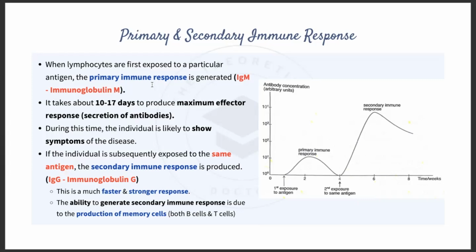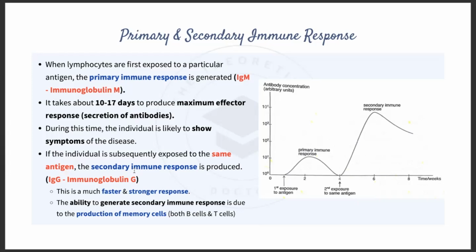Now, if the individual is subsequently exposed to the same antigen again and again, it's no longer a primary immune response because memory cells have been formed. They will recognize it. So the secondary immune response is produced. The important immunoglobulin here is IgG or immunoglobulin G. So this is a much faster and stronger response.